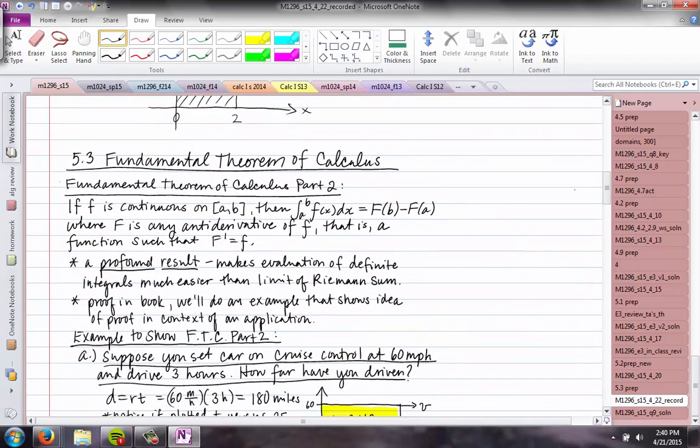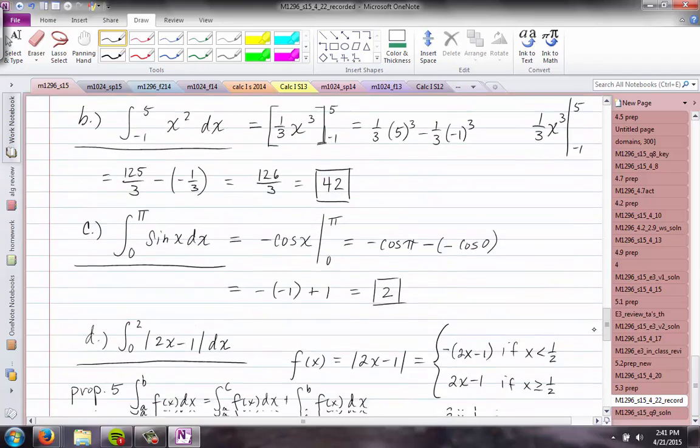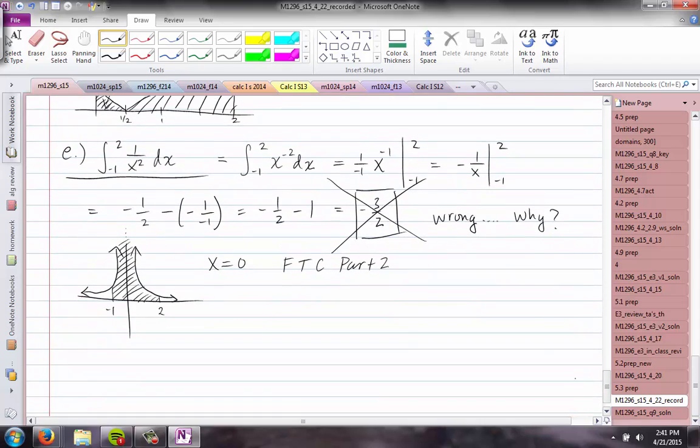It says if f is continuous on the closed interval from a to b, then the integral from a to b of f of x dx is equal to big F of b minus big F of a. So look at what we got going on here. Our function is not continuous on this interval for which we're trying to find the definite integral. So from -1 to 2, I can't use the fundamental theorem of calculus part 2.